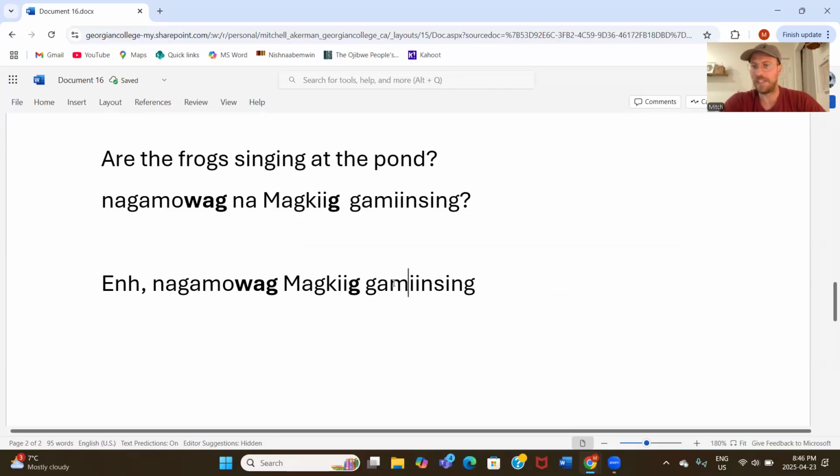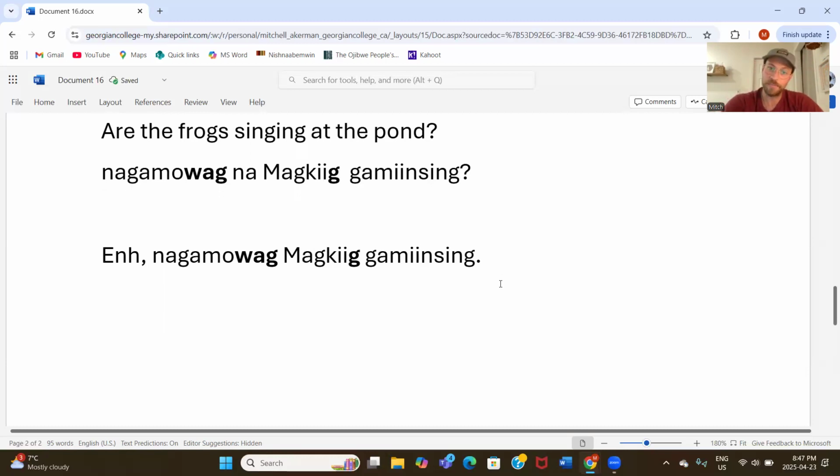Nagamwag mookiig gamiising. Yes, they are singing the frogs at the pond. Remember Yoda talk, right? Yes, they are singing the frogs at the pond. Think if it sounds good to Yoda, it's going to sound good in Ojibwe. So there's your positive answer. Yes, they are singing at the pond.